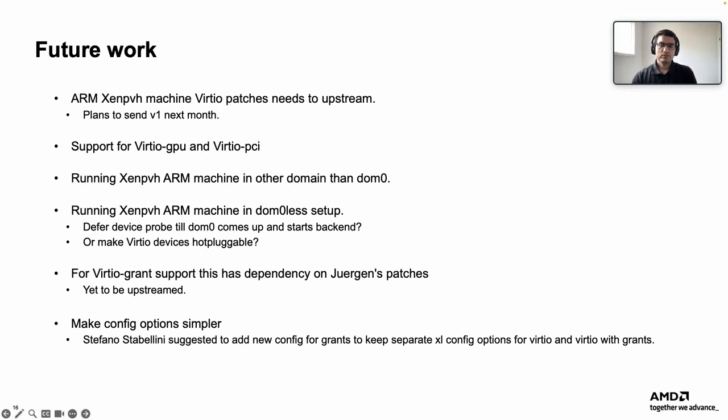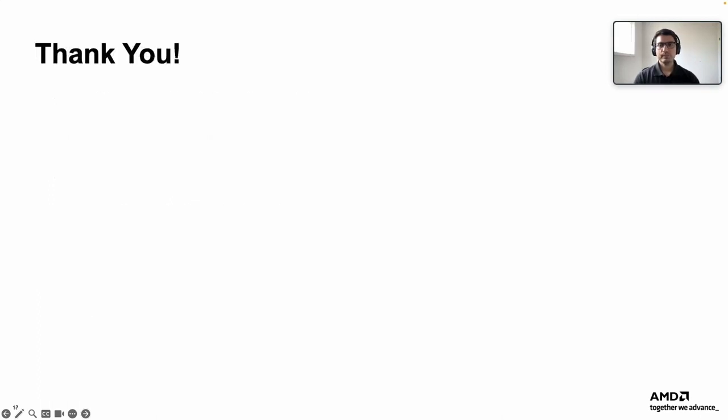This is something for the Xen tools. Stefano suggested that we add different configs for VirtIO generic and VirtIO grants to keep things very separate. So that would be something we'll be adding in the next few months. That's all I have. Thank you so much for listening.